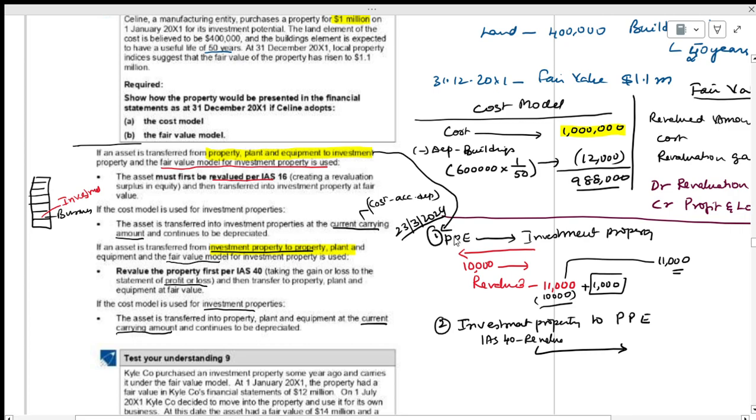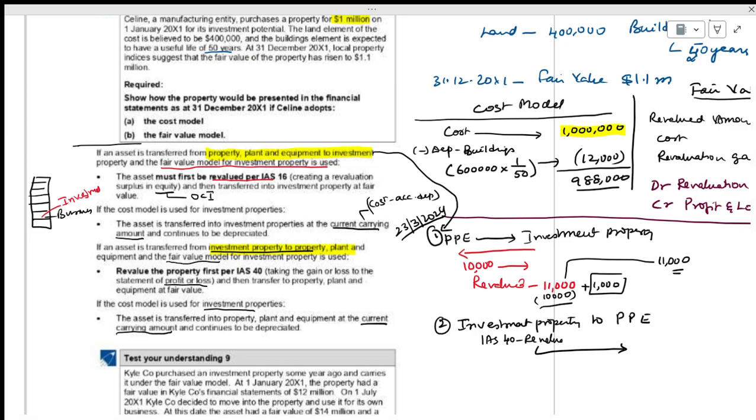Again, for simple understanding, if we are doing property, plant and equipment, whenever there is a revaluation, you create a revaluation surplus in equity, going through other comprehensive income.